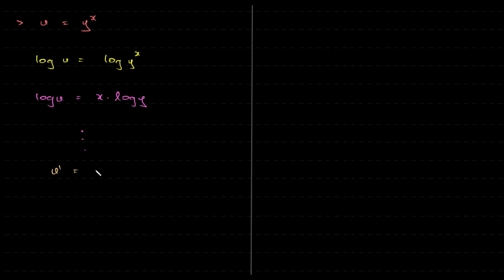Find u prime. This by default will have y prime because of the expression we have over here. Of course, it's not compulsory that we have to get a y prime from this. You'll get it from one of them, not an issue.